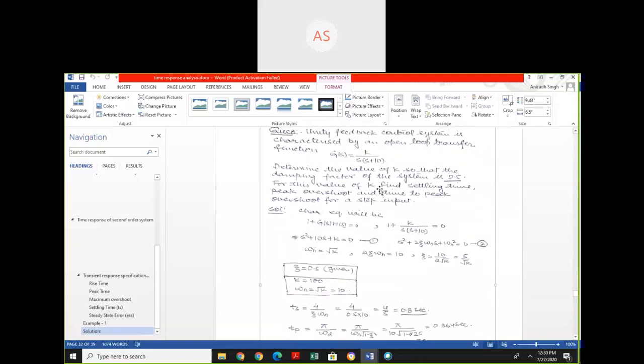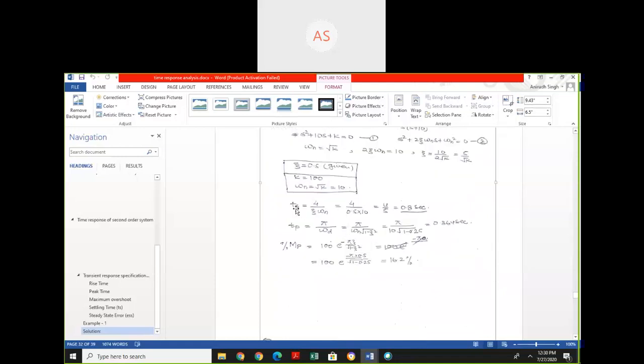After finding the value of K, you have to calculate the settling time, peak overshoot and time to peak overshoot: Ts, Tp and Mp. Ts is given by 4 by zeta omega n, and substitute the values of zeta and omega n, you get the value of settling time. Then peak time is given by pi by omega d.